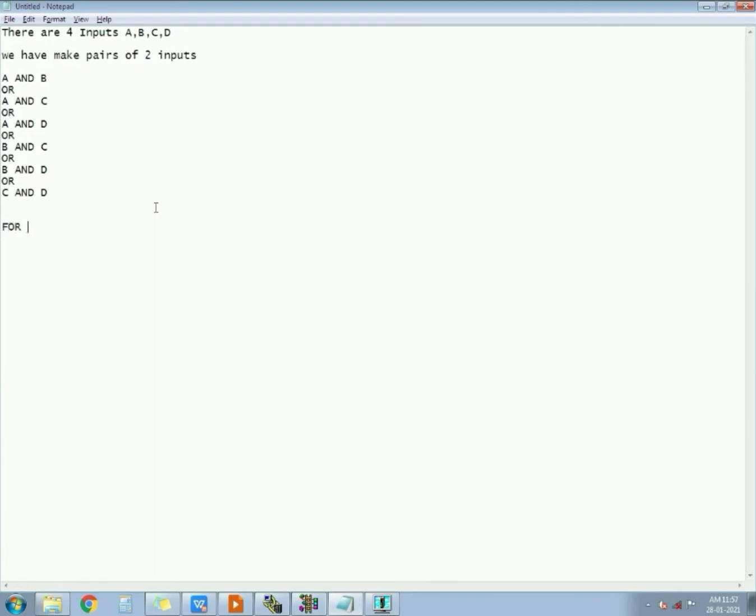For three inputs, what will be the combinations?